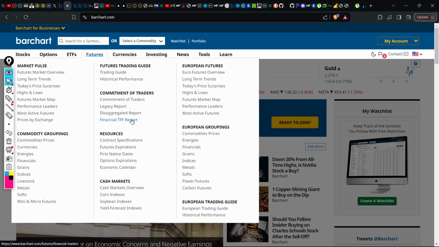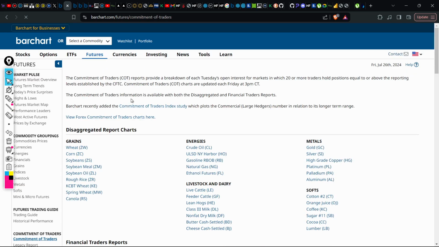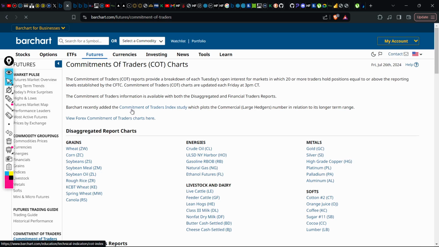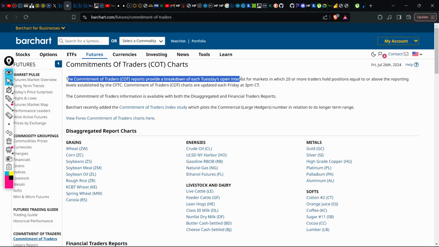Remember, as stated on the website, the legacy report and the disaggregated report are usually the major ones, right? So let's just start here, commitment of traders. Commitment of traders reports provide a breakdown of each Tuesday's open interest for markets in which 20 or more traders hold positions equal to or above reporting levels. This is the definition provided by the CFTC.